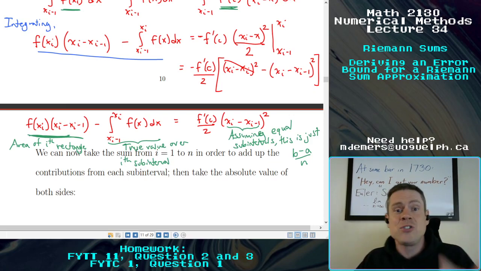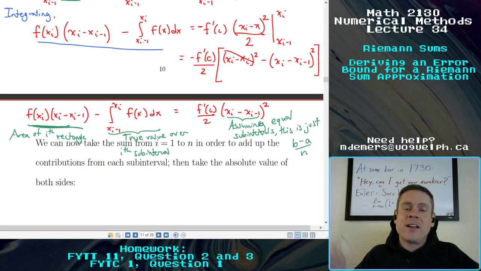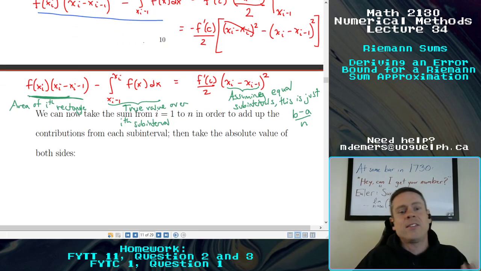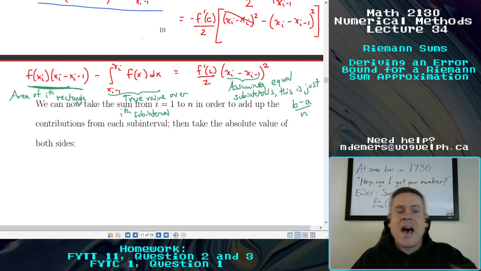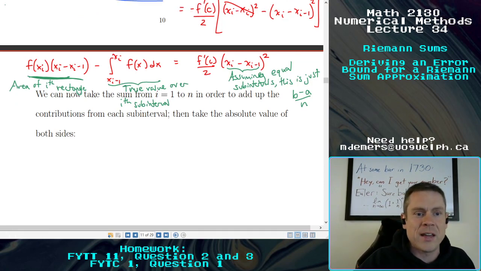Now we don't have just the ith rectangle, do we? We actually have all of those rectangles, so we have to take a sum, and that's what this next piece does. We're going to take the sum from i equals 1 to n to add up the contributions from all the subintervals and take the absolute value of both sides. So let's do that.